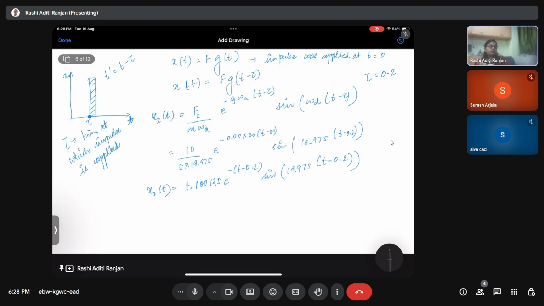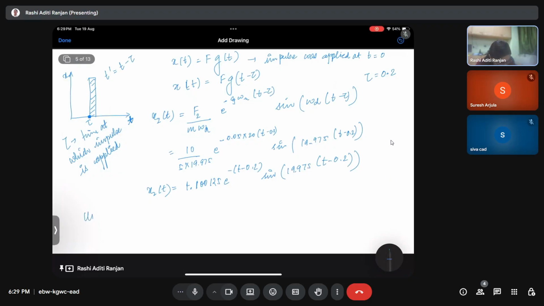However, I would like to mention over here that this is true if and only if our system is working in the linear range. If our system is working in the linear range, then only we can superimpose two solutions and add them to get the final solution.